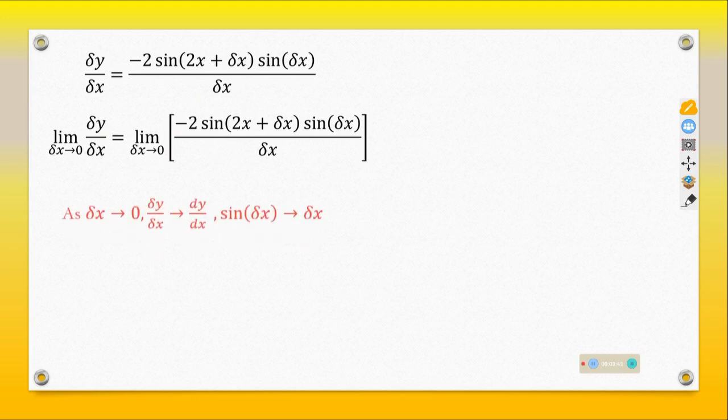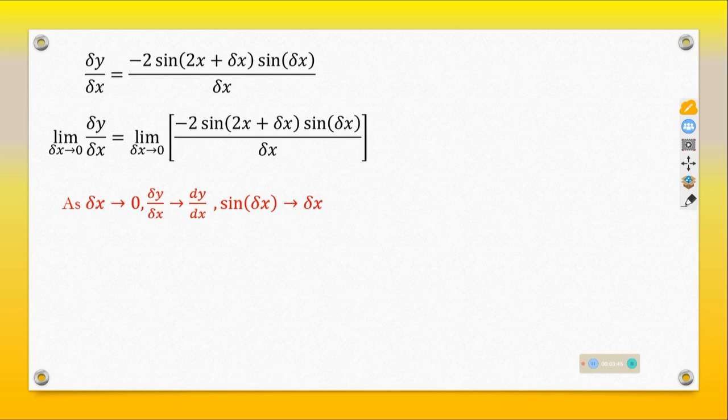From there, we shall make our assumption that as delta x is becoming smaller, then delta y over delta x will be approximately equal to dy dx, and sine of delta x will be tending to delta x. So let us substitute for that. As delta x is tending to 0, this one will become dy dx, and sine of delta x will remain delta x.